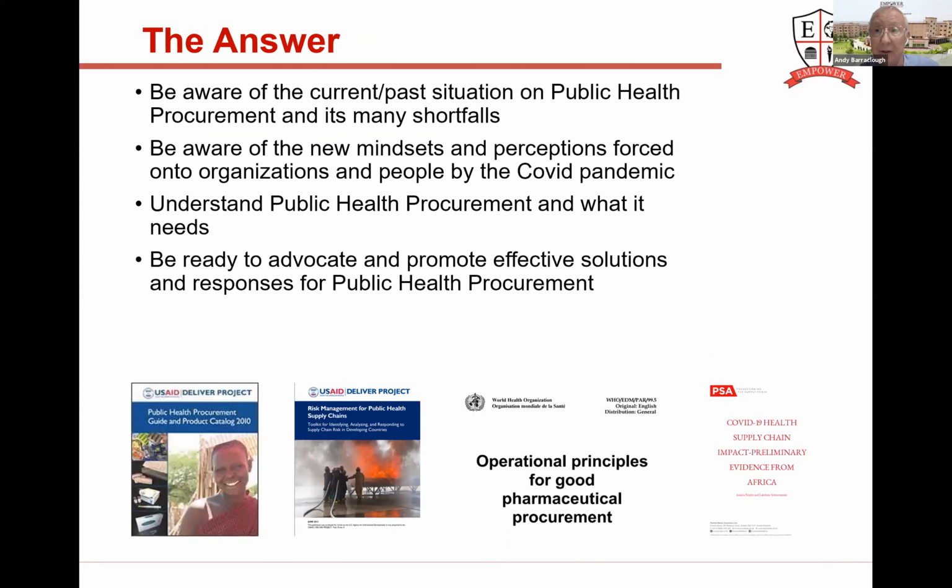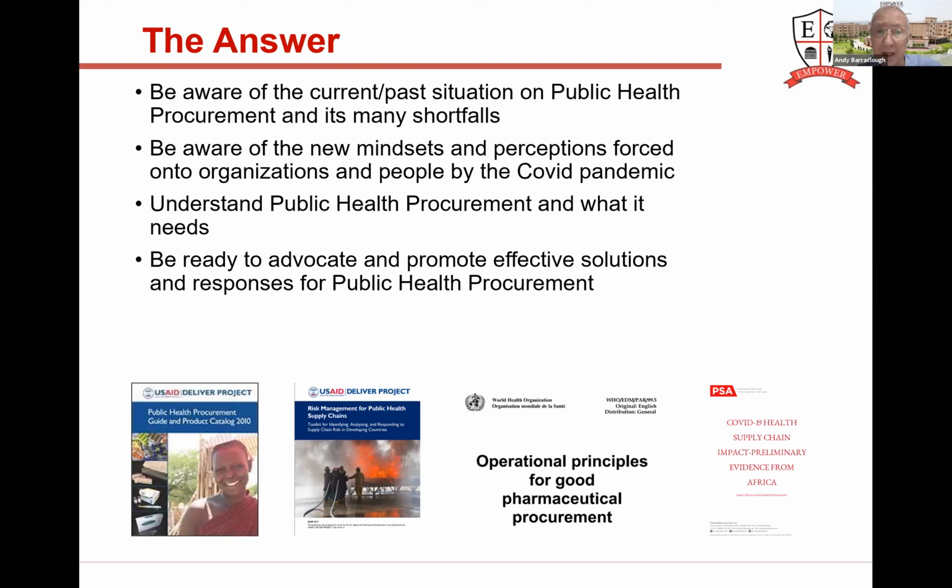So the answer to the question I'm going to ask at the end is try to be aware of the current situation on public health procurement and its many shortfalls. Be aware of the mindsets and how COVID has forced a change in how we look at procurement and how other people look at it, especially the finance people.